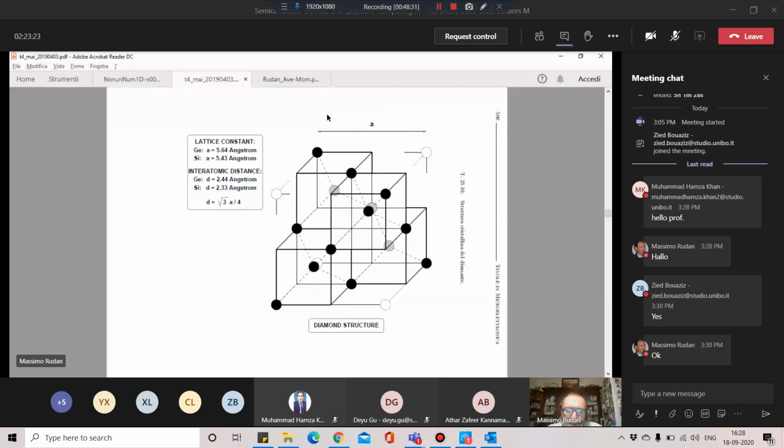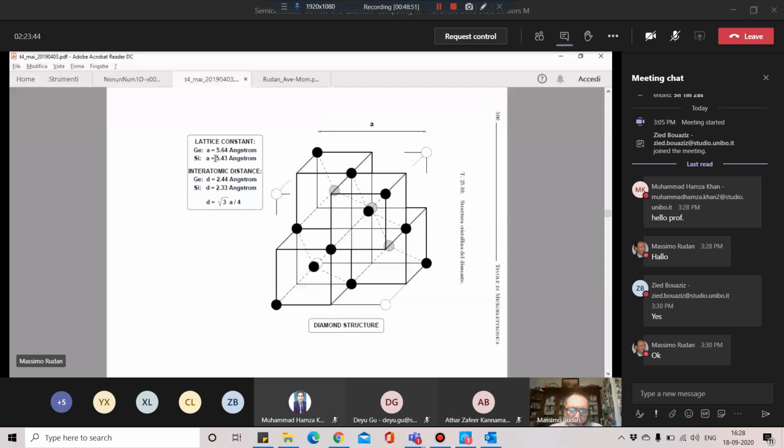Okay. Silicon and germanium have this structure. So a pure crystal of silicon has this structure with a lattice constant that is indicated here.